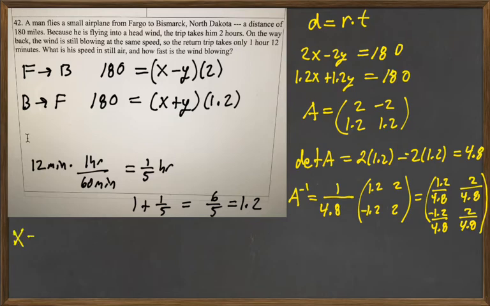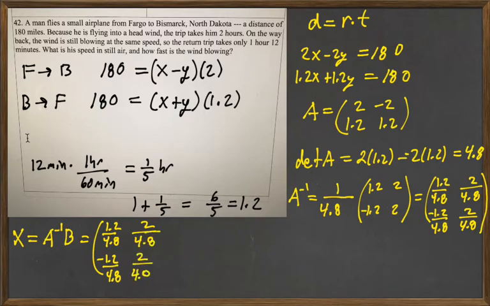With the inverse matrix method, x is equal to A inverse B. We found A inverse. B is the two numbers on the right side, 180 and 180.